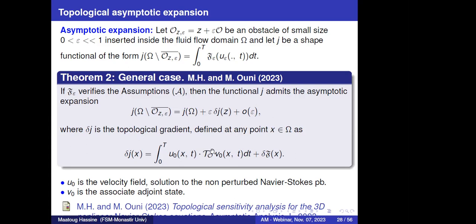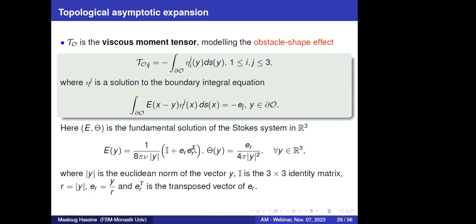The tensor T0 is called the visco moment tensor, which models the obstacle shape effect. It is defined by this expression, where eta is the solution to this boundary integral equation.